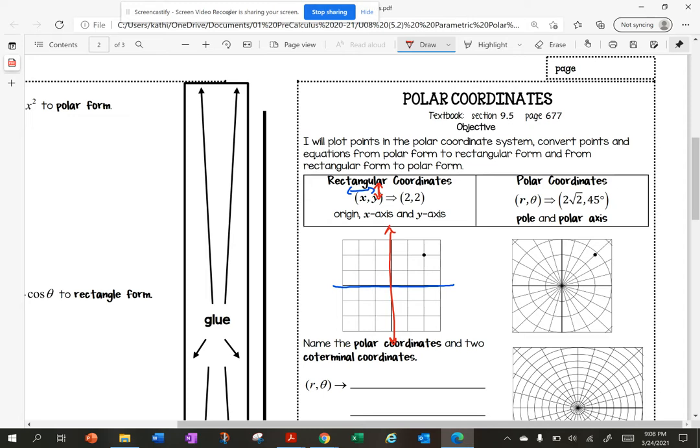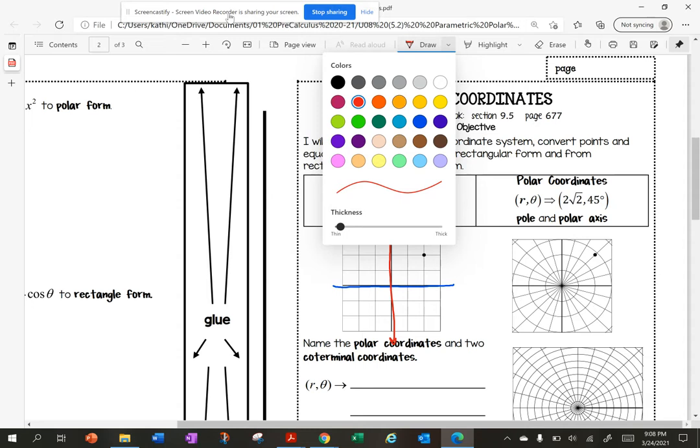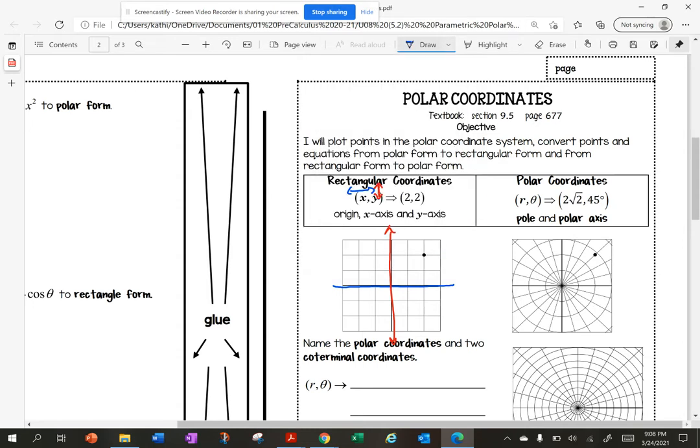So if I have this point (2, 2), I'm going to go 2 to the right and 2 up. So I know that x is 2, and my y coordinate is 2. So I know y equals 2.